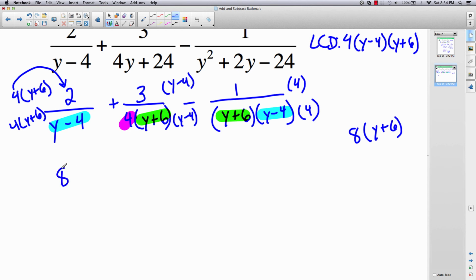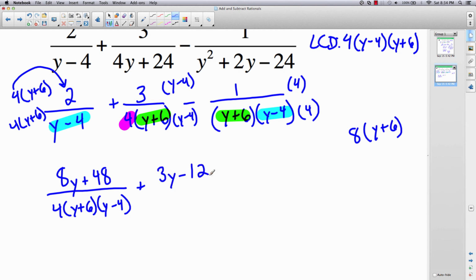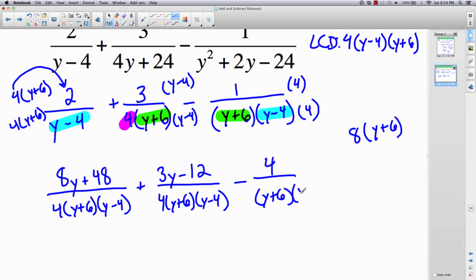So that would be 8y plus 48 over 4, y plus 6, y minus 4, plus, so distribute the 3, 3y minus 12, divided by 4, y plus 6, y minus 4, minus 4 over y plus 6, y minus 4, and I forgot the 4 in the front.